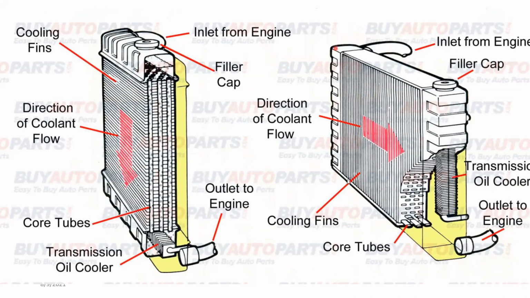In the other type, the water flows from left to right or right to left, and that is known as a cross flow. So this is a cross flow, and this is a down flow radiator. It does not matter whether it's a downward flow or a cross flow.